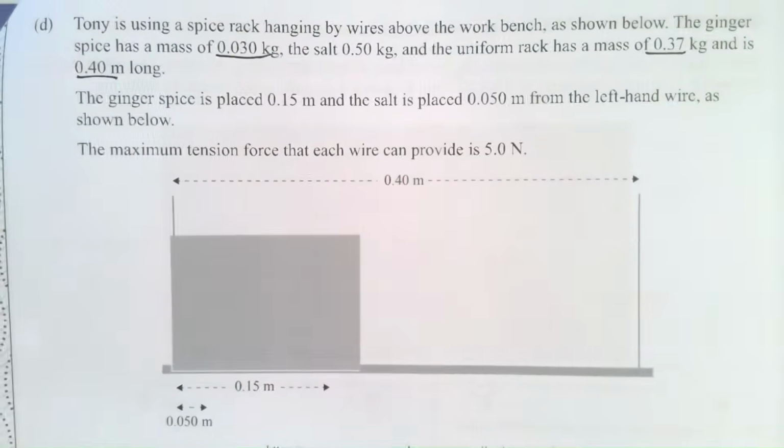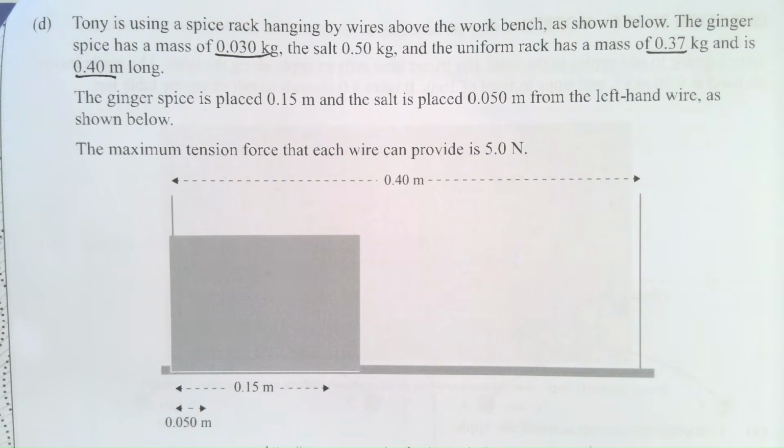The ginger spice is placed 0.15 meters and the salt is placed 0.05 meters from the left-hand wire, as shown below. The maximum tension force that each wire can provide is 5 newtons.